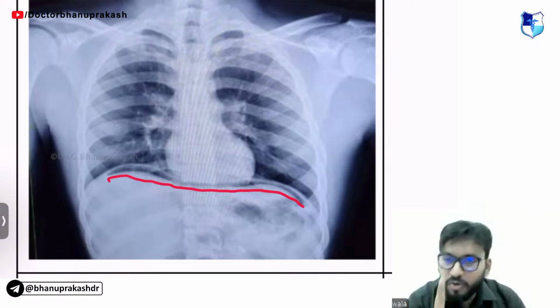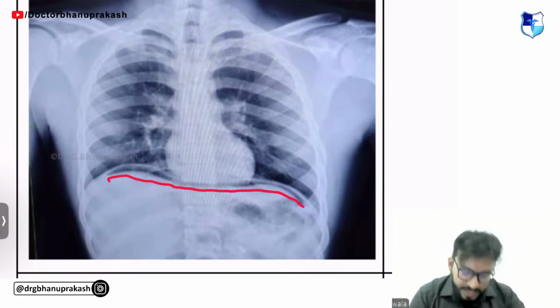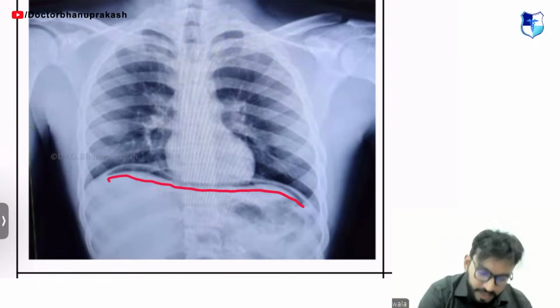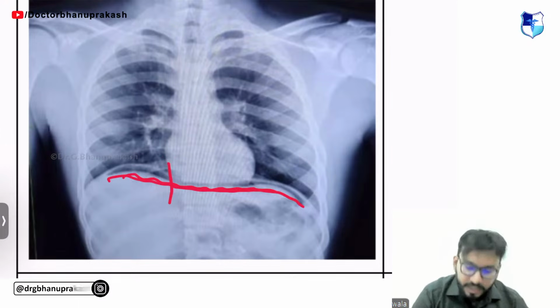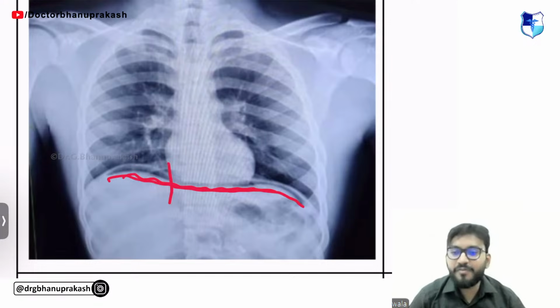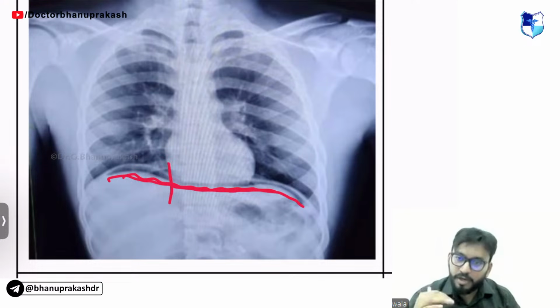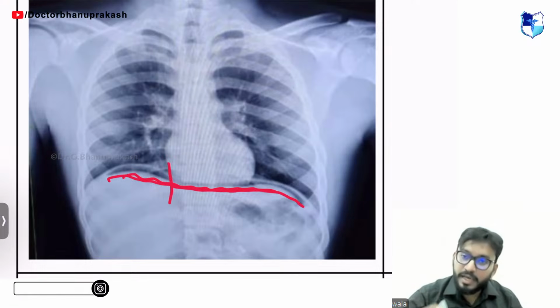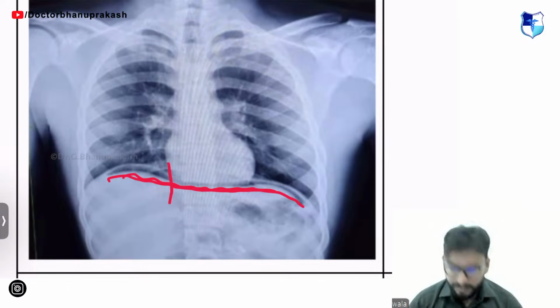Do not confuse it with pneumoperitoneum. In pneumoperitoneum, you will see air under the diaphragm, but it will be on the right side only. Here you can see a continuous line which is above the diaphragm, not below the diaphragm. Pneumomediastinum means air is above the diaphragm, below the heart. There's a continuous diaphragm sign.